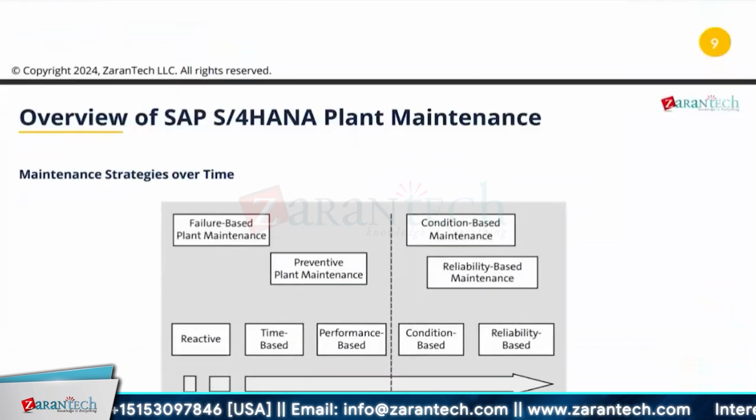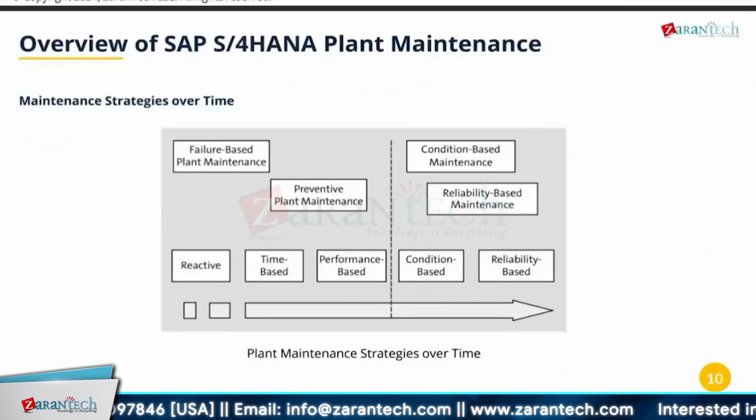And when we go on to the strategy over time, these are plant maintenance strategies over time. There are four different maintenances available. Failure-based plant maintenance, which is reactive. Whenever a failure occurs, suppose a working generator, we don't know what happened. It's immediate. Suppose I am supporting production, and all of a sudden my laptop gets shut down.